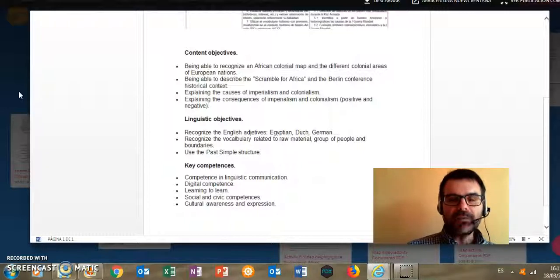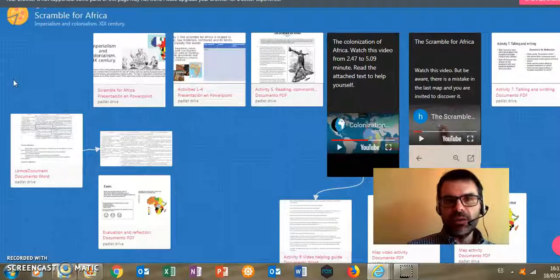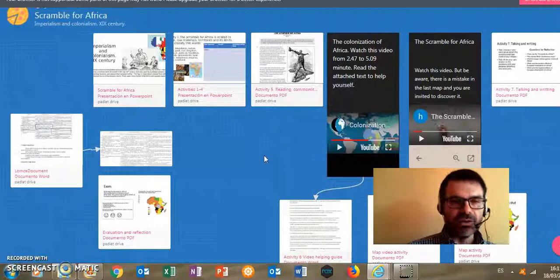And of course cultural awareness and expression. In that way, we will try to explain something about the Spanish heritage in Africa and about Equatorial Guinea, the only country whose official language is Spanish.